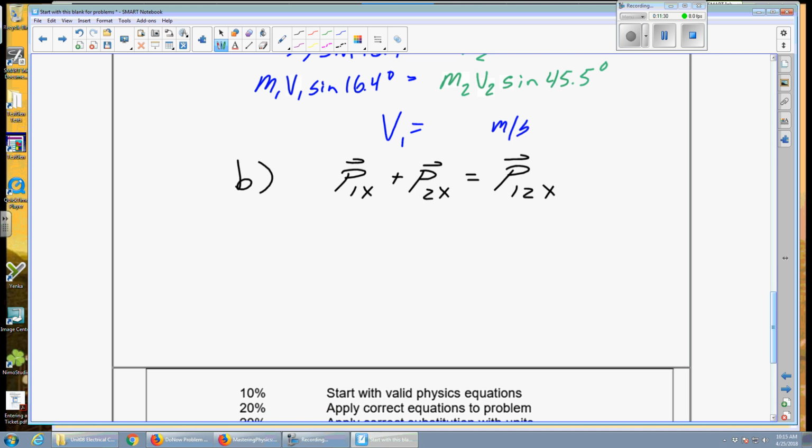So this one would be P1 cosine 16.4 degrees plus P2 cosine 45.5 degrees equals P12. And then you just substitute in.